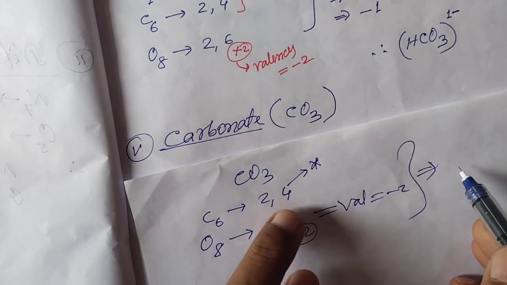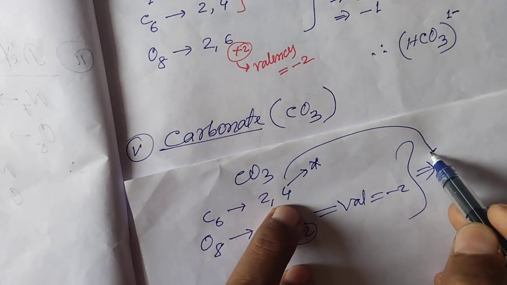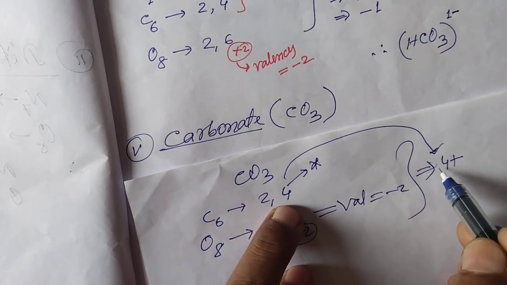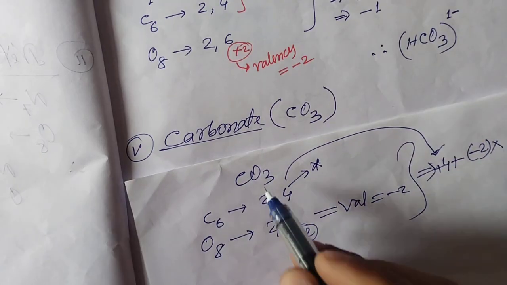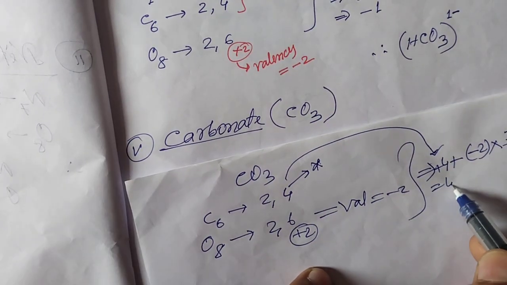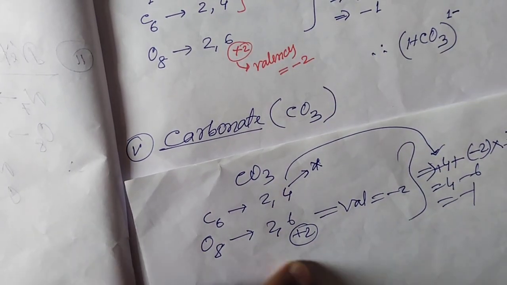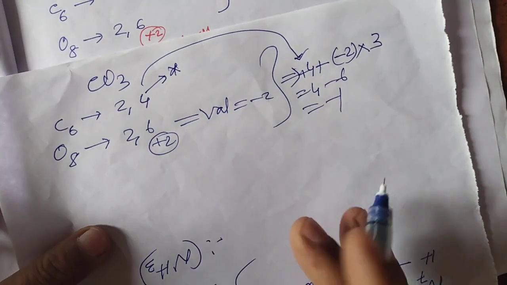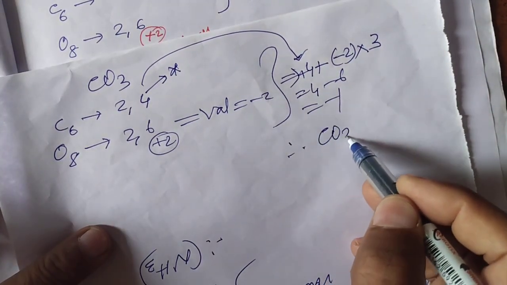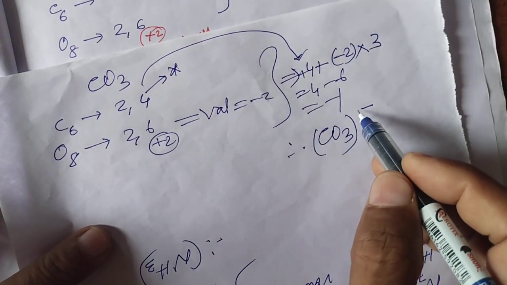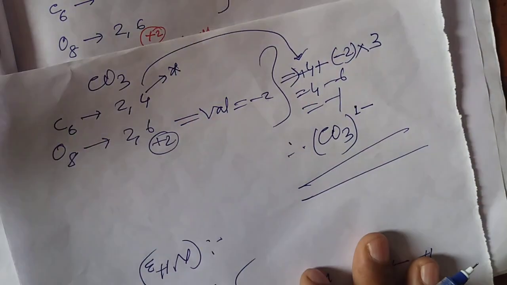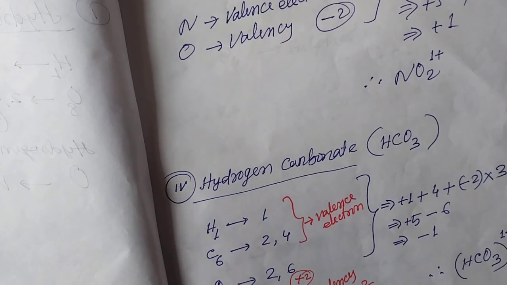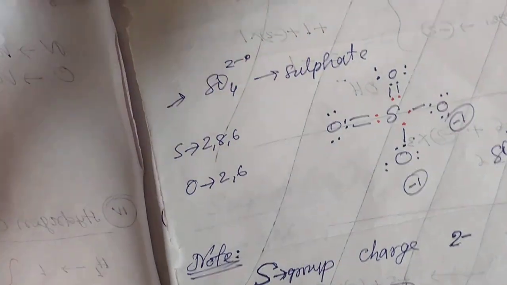So the valence electron is 4, plus oxygen valency -2, and oxygen appears 3 times. So it is 4 minus 6, giving -2. So the CO3 valency is a negative sign. You can write it with the number; in books they often don't write the sign. So this is carbonate. Now another problem is with sulfur.